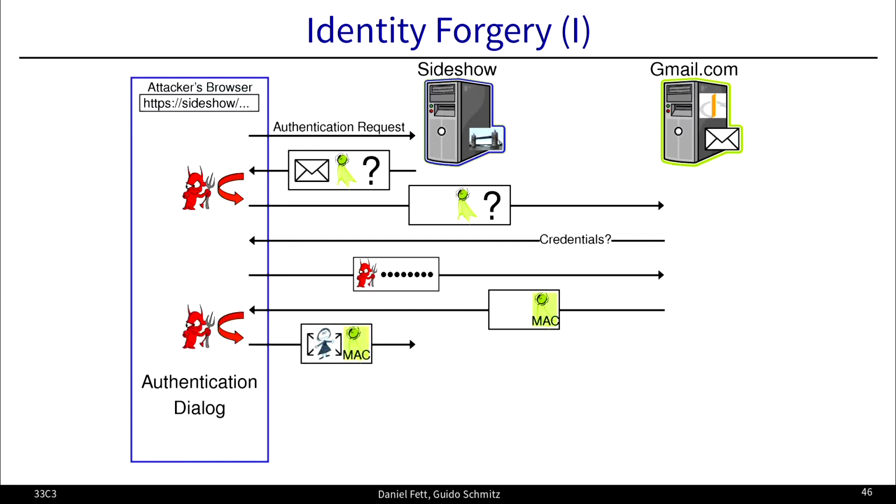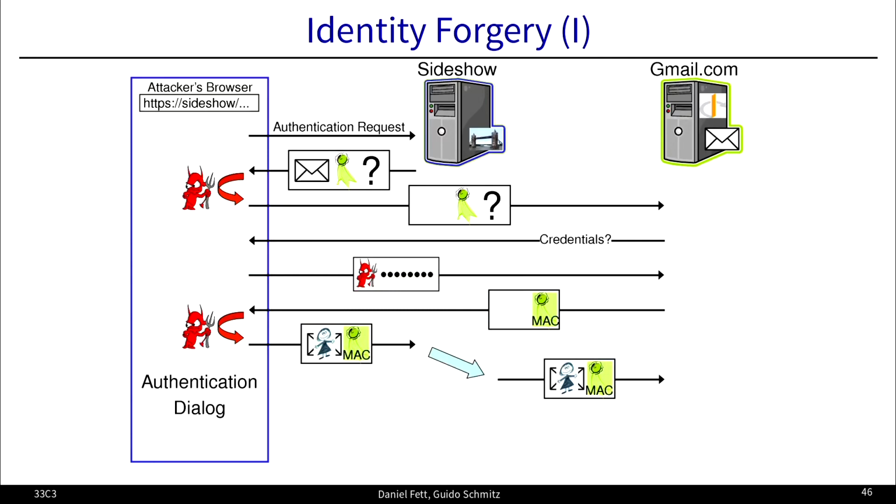Now the attacker can simply add a new attribute to this document containing an email address that he has chosen arbitrarily. This, of course, is not signed, which is not a problem because this document can be partly signed. And this document is forwarded to Gmail.